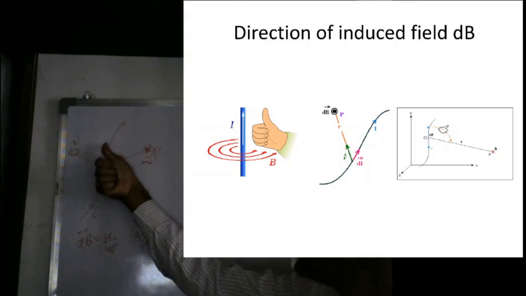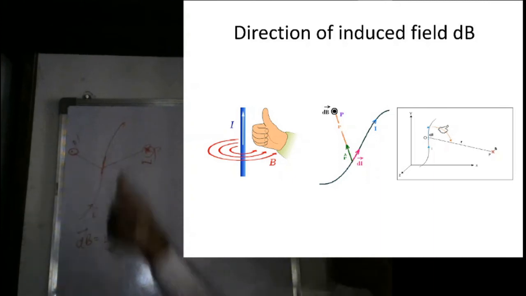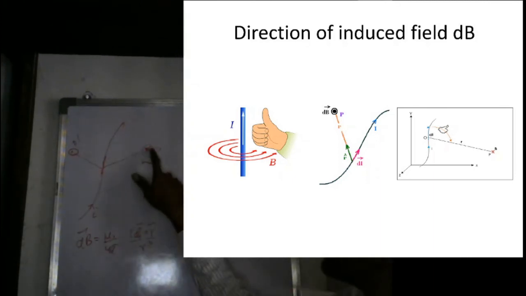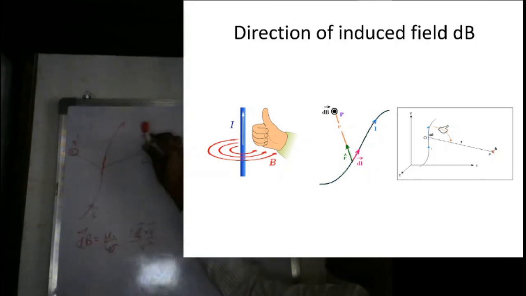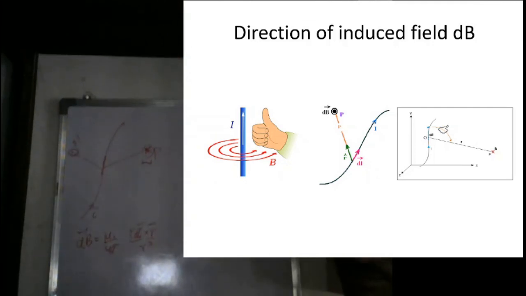On this side, my fingers are entering the board. That's why here there is a cross mark, which means your magnetic field is inside the board. On either side, you cannot have the same direction of the magnetic field. The direction interchanges as you go from one side of the conductor to the other. This is the way to find the direction of the induced magnetic field.